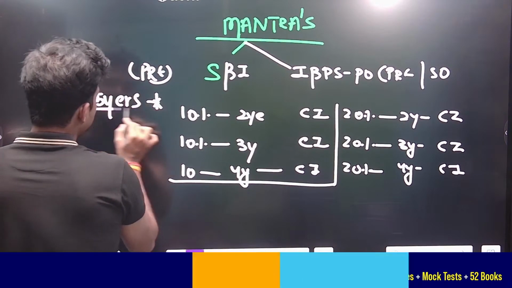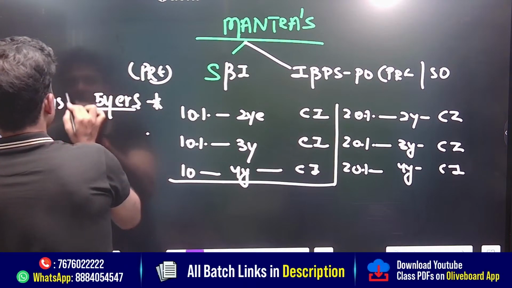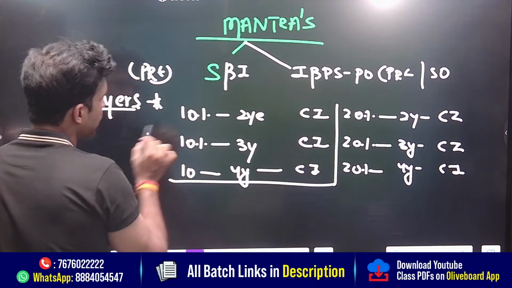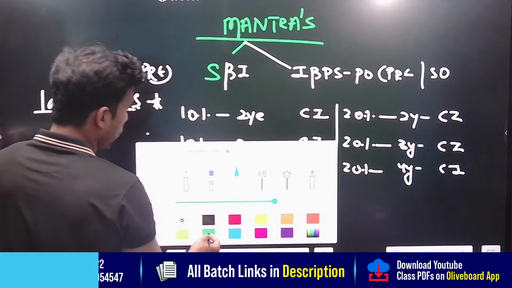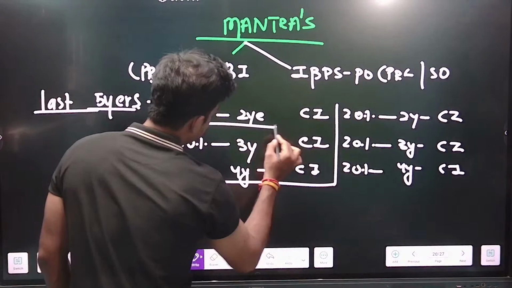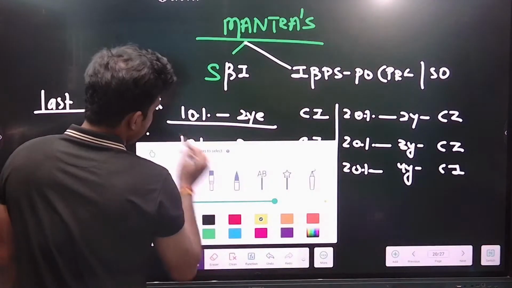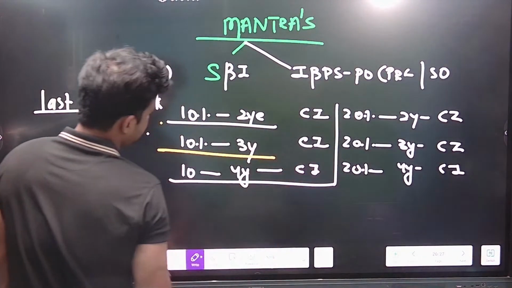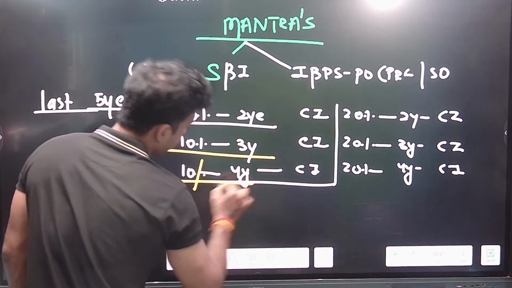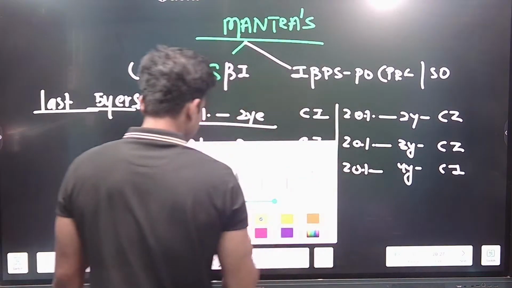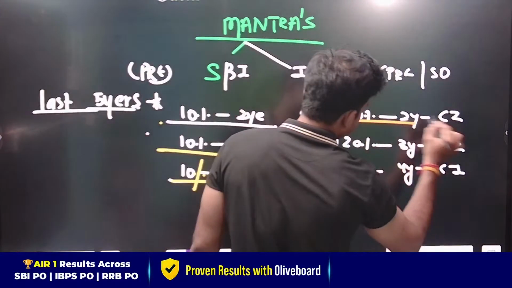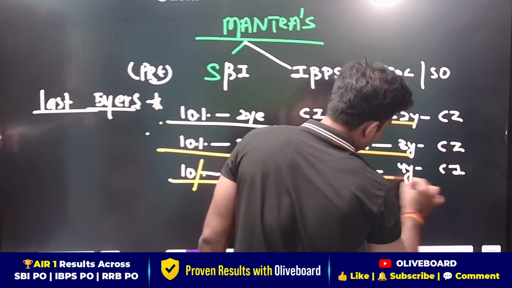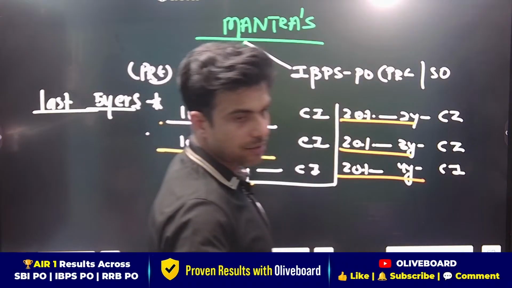They have always been asking 10% 2 year, 10% 3 year, 10% 4 year, then 20% 2 year, 20% 3 year and 20% 4 year. Only this much you need to learn.